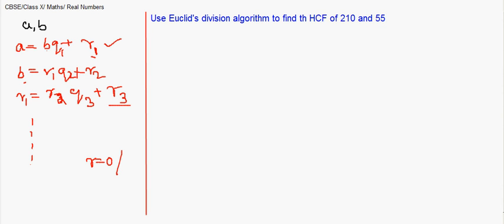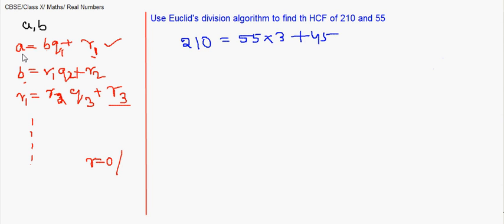So you start representing it as, because 210 is greater, expressing 210 in terms of 55. If you divide 210 by 55, 55 times 3 gives you 165, so we're left with 45. So it is 55 into 3, and the remainder was 45.